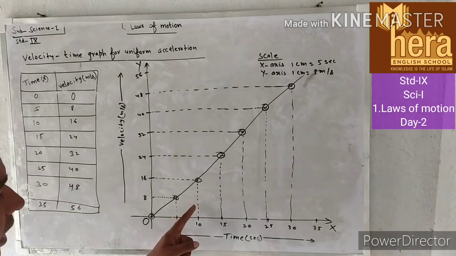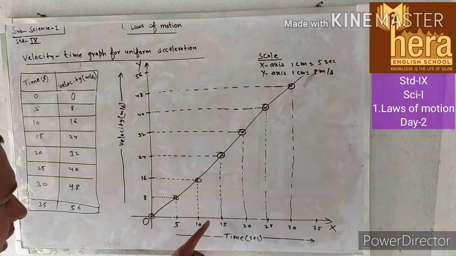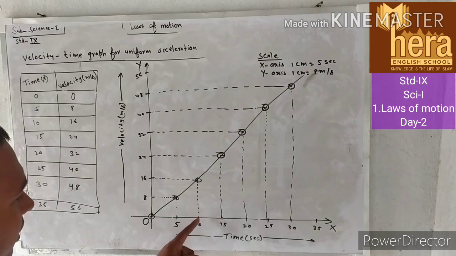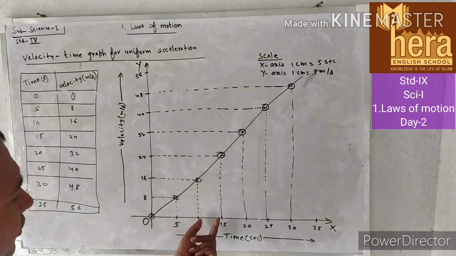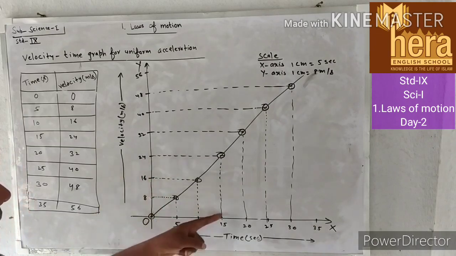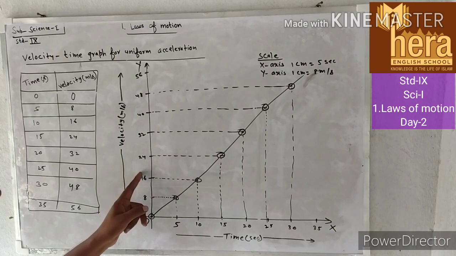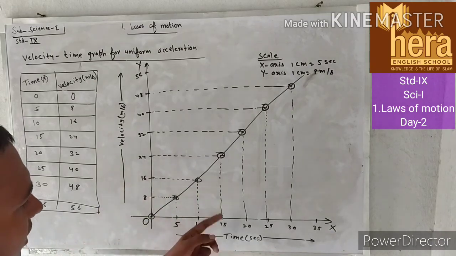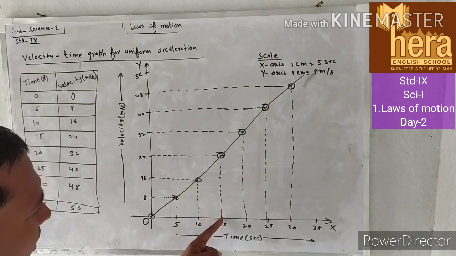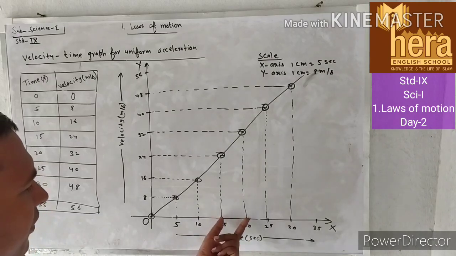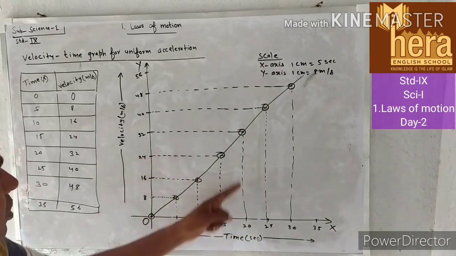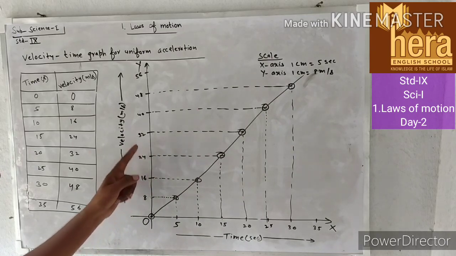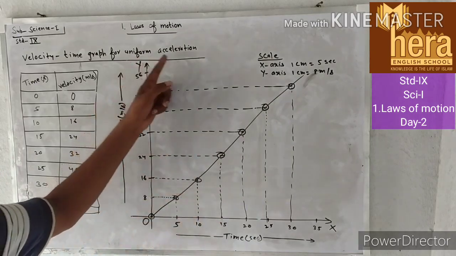Again from 10 to 15 seconds, velocity was 16 and became 24, so again 8 meter per second. From 15 to 20 seconds, 24 to 32, again 8 meter per second. That's why this is uniform acceleration.